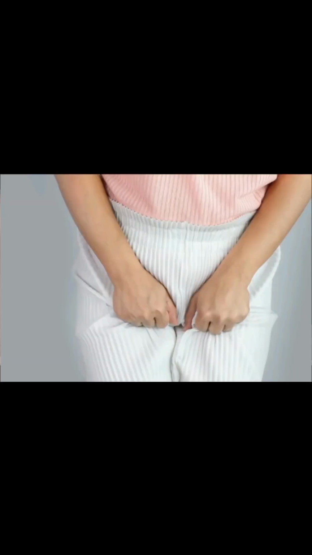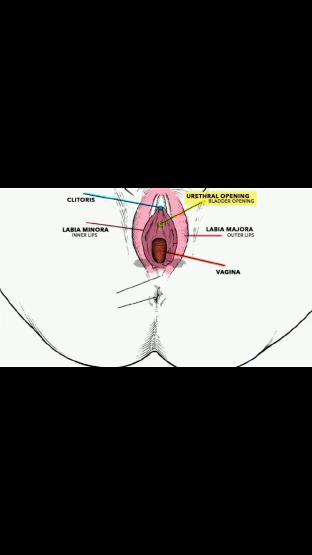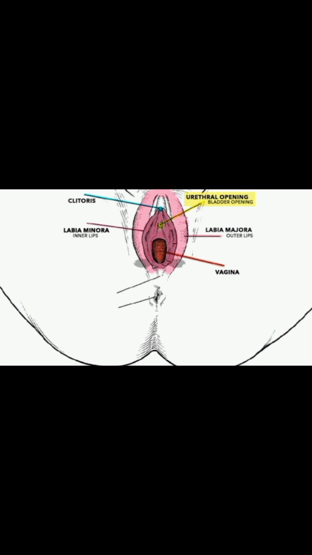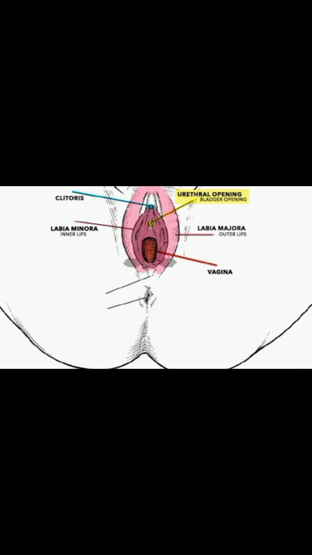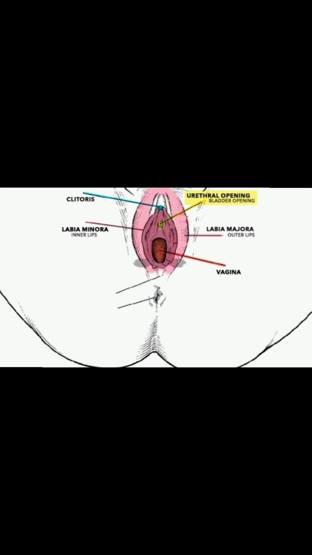That is, if you have ever had a UTI, you can find that the pain can be around the hole where urine is coming out of. This is because that hole, that is the opening, becomes inflamed, and that's called urethritis. So during sex, there can be friction on this area and it makes sex painful.